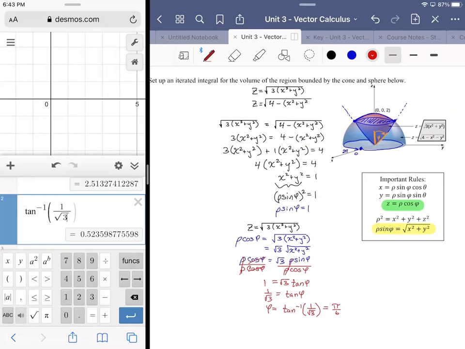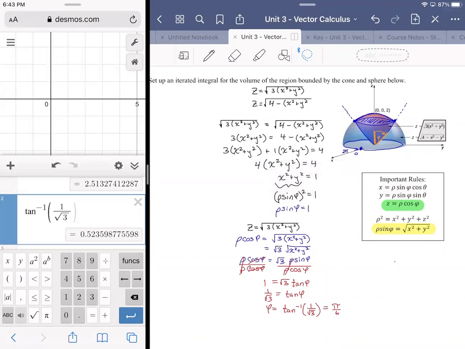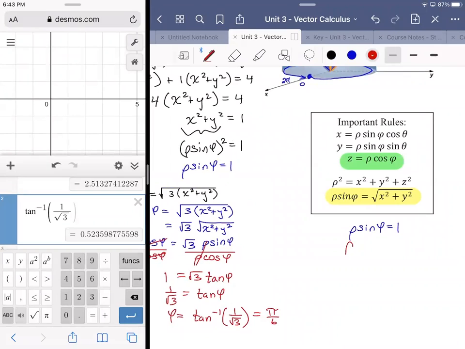It's a good thing that we have this computation that has a rho and a sine of phi involved, because I now know the extent of phi. So rho sine pi over 6, rho times 1/2 is going to give us rho equals 2.